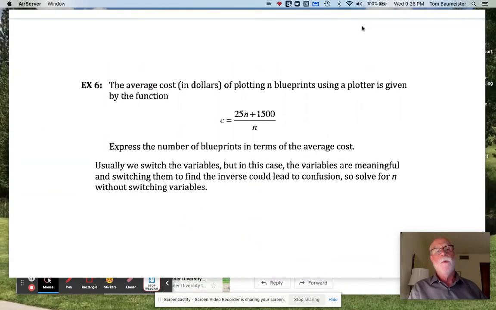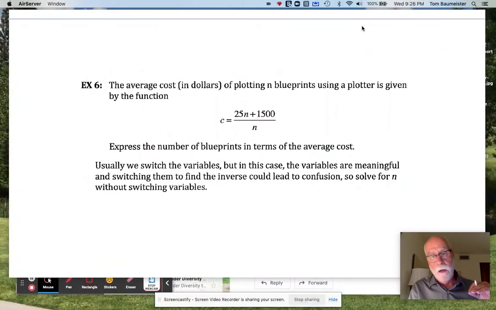All right, and then the last one here is the average cost in dollars. So we're using a word problem. The average cost in dollars of printing n blueprints using a plotter is given by the function c is equal to 25n plus 1500, all of that divided by n. All right, so now what it wants us to do is express the number of blueprints in terms of the average cost.